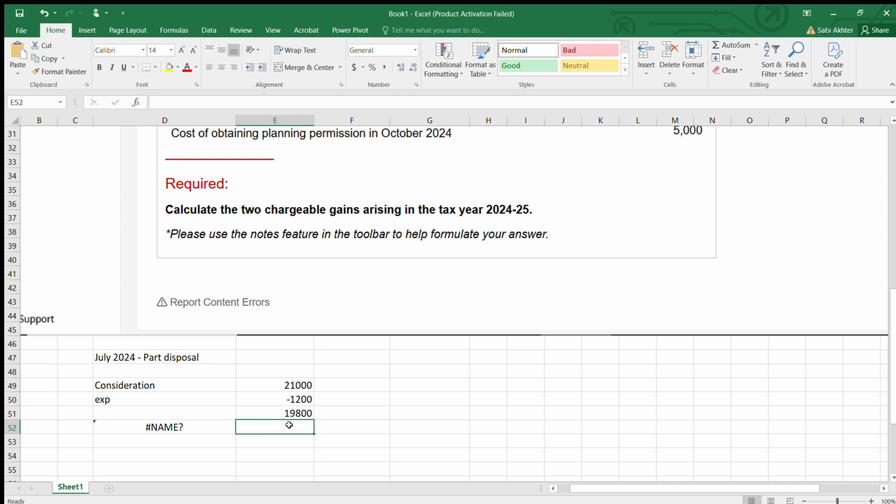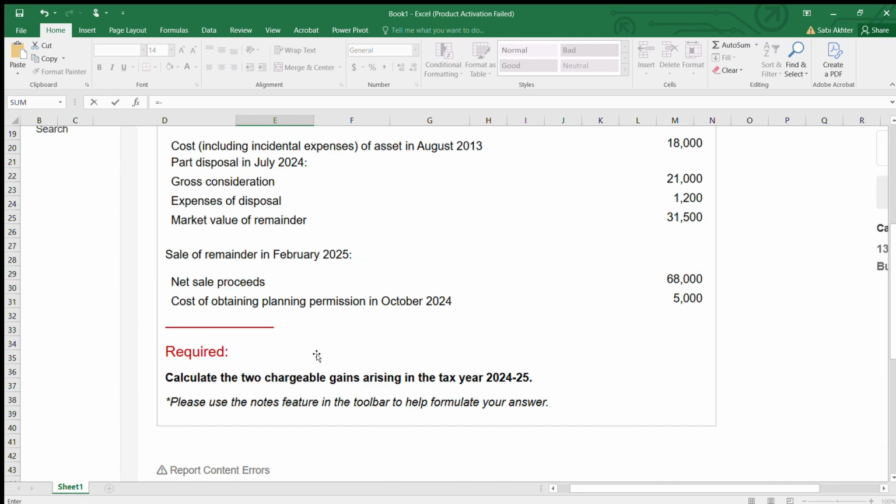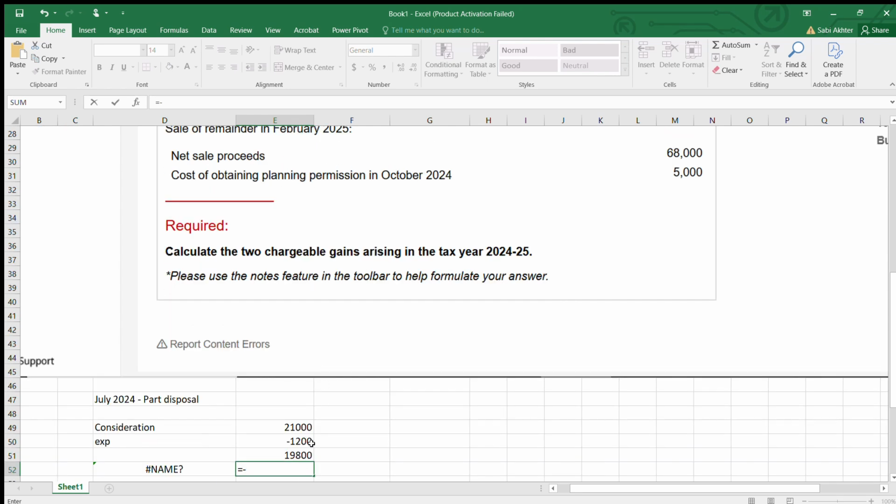This is the place where we have to do cost into A divided by A plus B. Okay, so now equal to minus, what is the cost given? 18,000. 18,000 into A divided by A plus B. What is A?